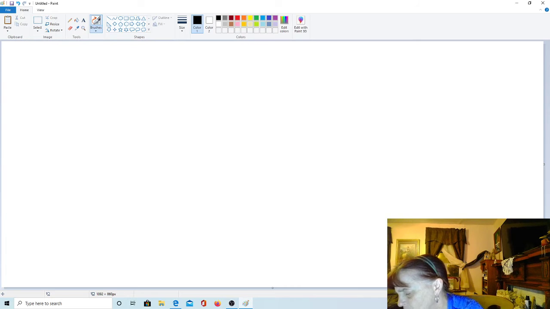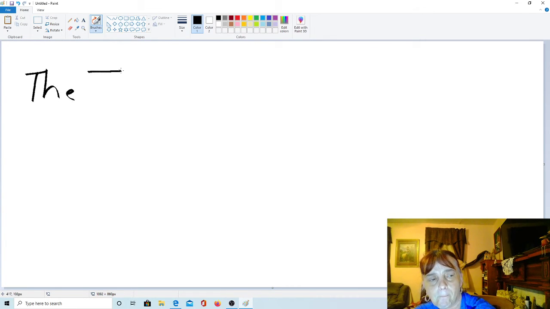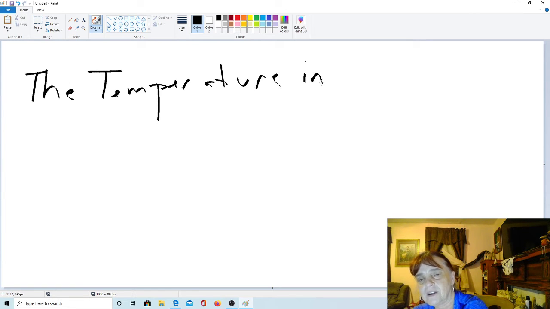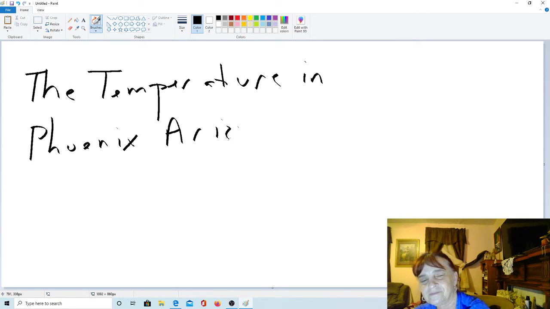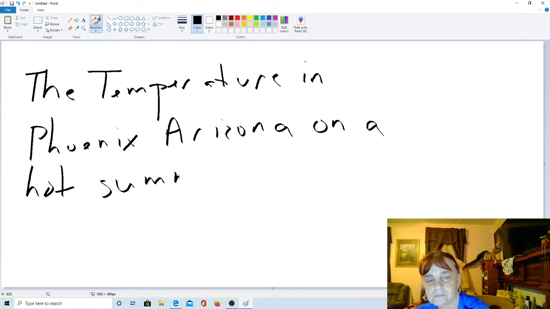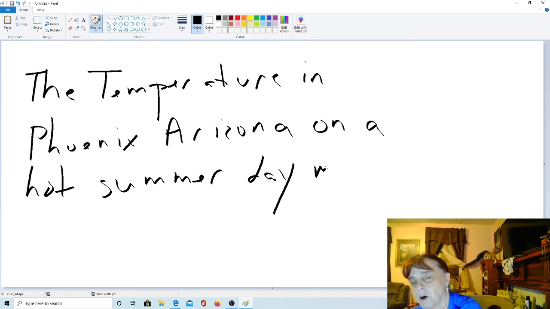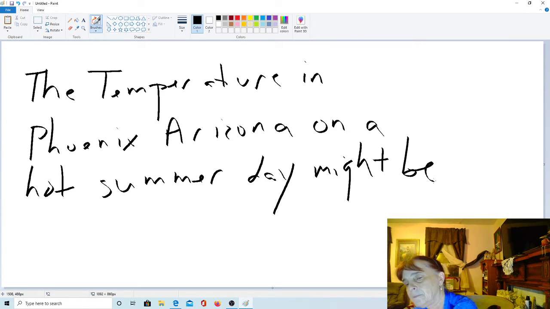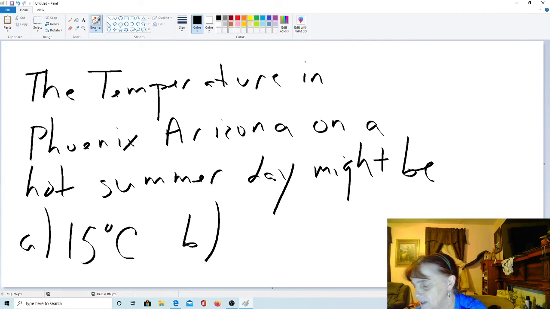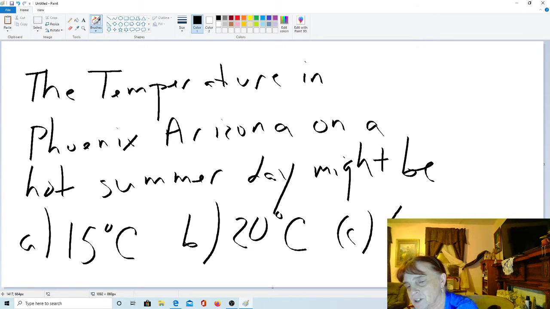So let's say the temperature in Phoenix, Arizona on a hot summer day might be A, 15 degrees Celsius, B, 20 degrees Celsius, C, 40 degrees Celsius.